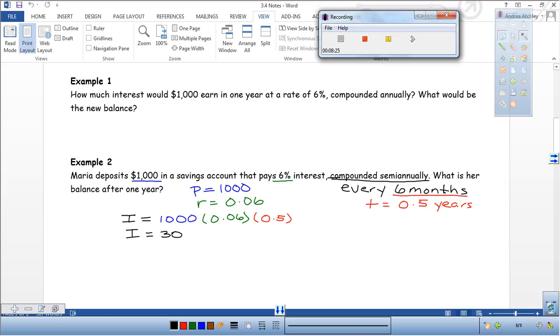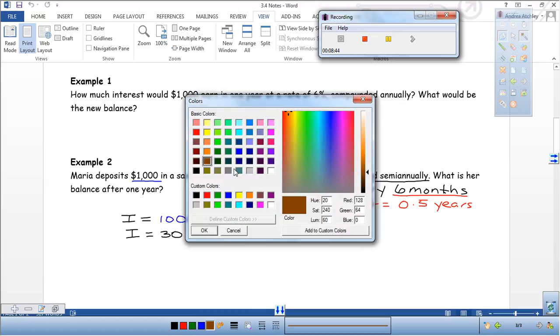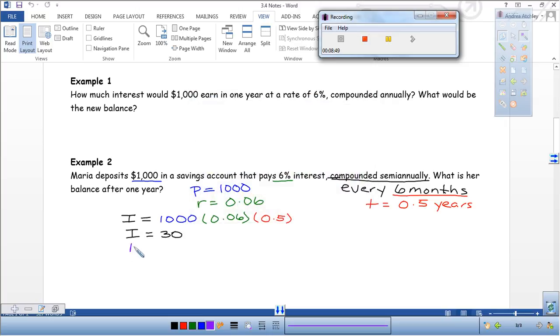Okay, we're going to do this again because it's going to do it twice in a year, right? Does that make sense? But now our new principal equals the 1,000 plus the 30.